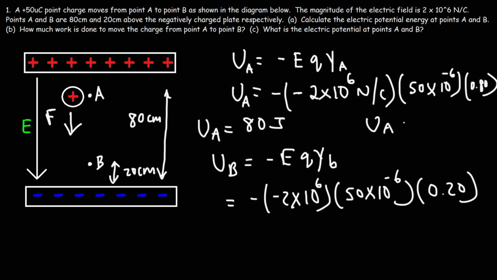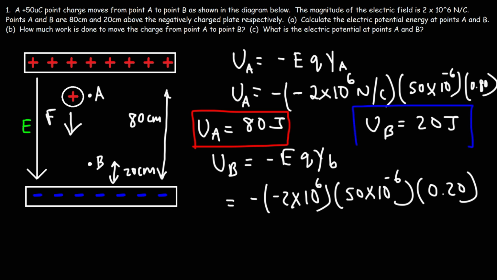So UB is going to be 20 joules. So that's how we can calculate the electric potential energy at those 2 points. This is supposed to be UB, my mistake.